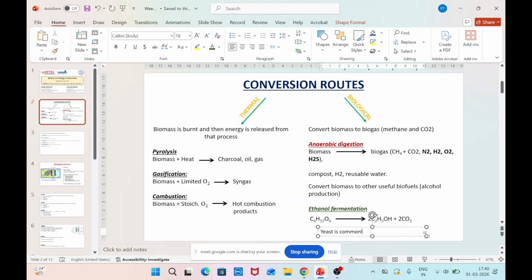So yeast is commonly used for the ethanol fermentation process. Just like anaerobic digestion, this fermentation process also has a series of steps in order to obtain ethanol from simple glucose.